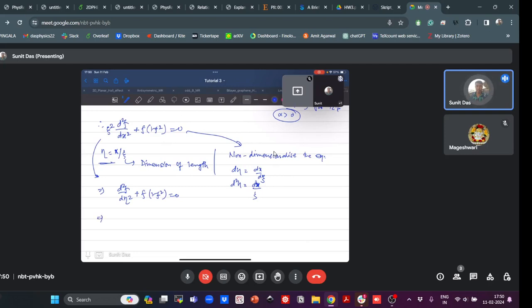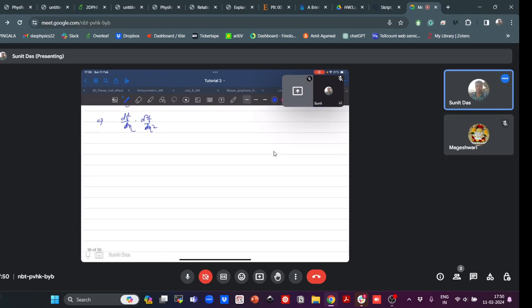This we can again write it as half d... okay, let me go to extra steps. So multiply by df/dη and then d²f/dη², and then there will be plus df/dη f minus df/dη f³, right? 0.